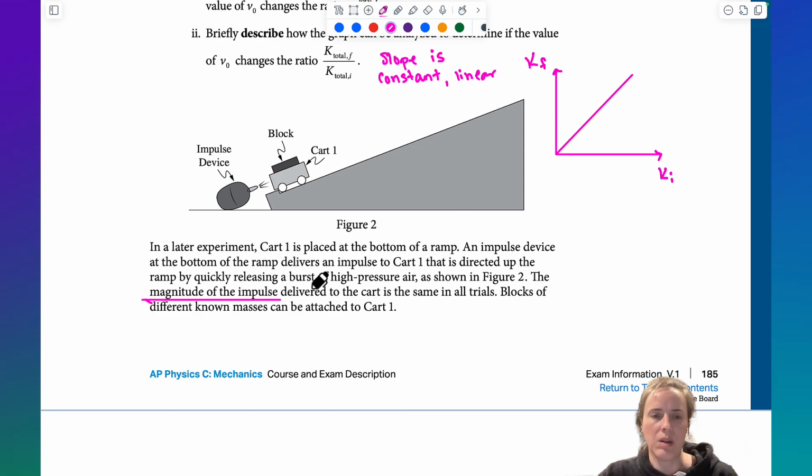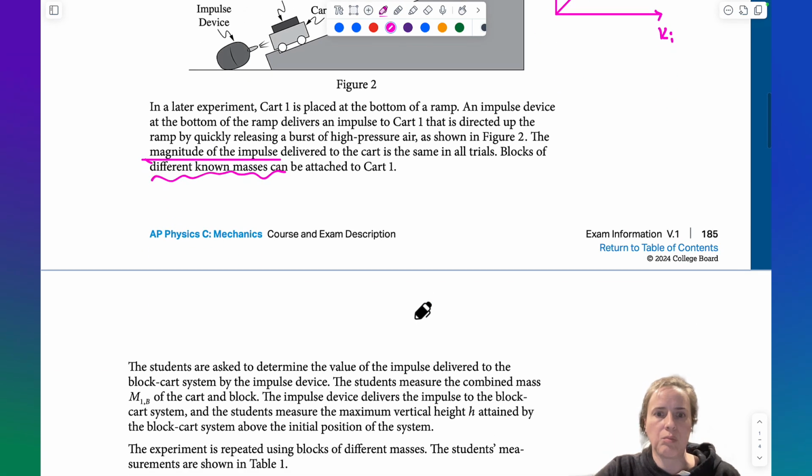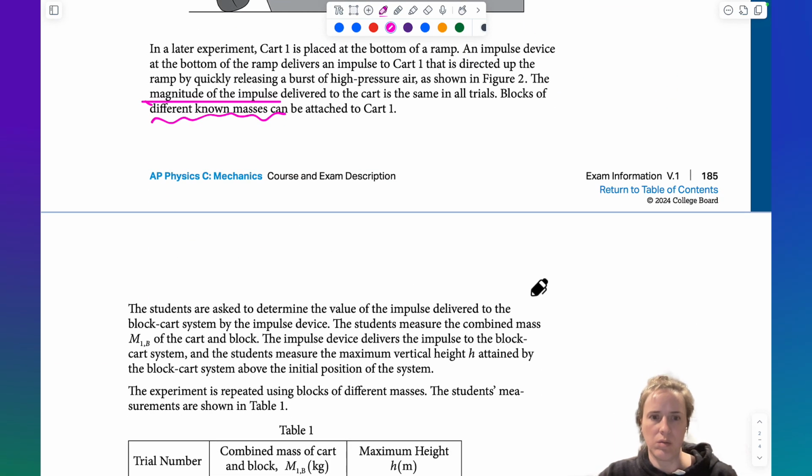So it's going to go poof, and we are changing the blocks of different known masses. So we're changing the mass that's on top of cart 1. And we are trying to figure out, what are we trying to figure out? We're trying to figure out what is the value of the impulse. So we measure the combined mass, it delivers the impulse, and then we measure the height, okay?